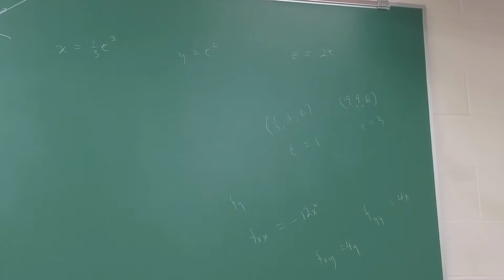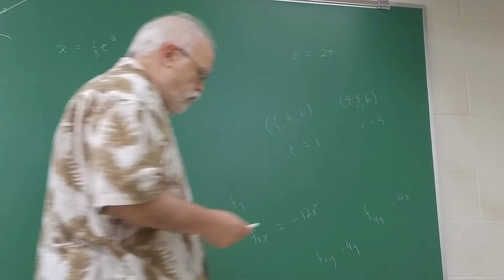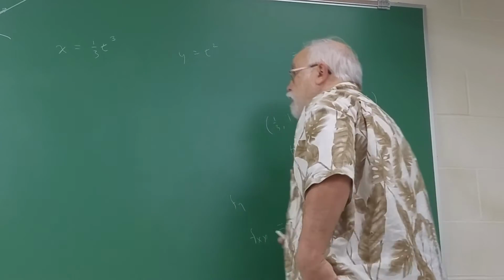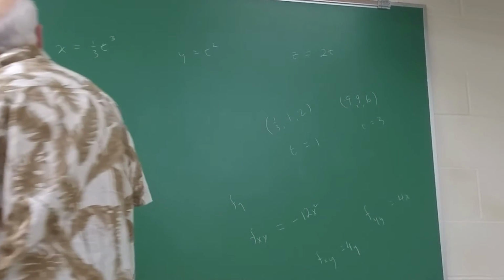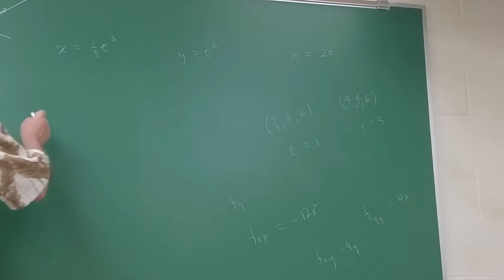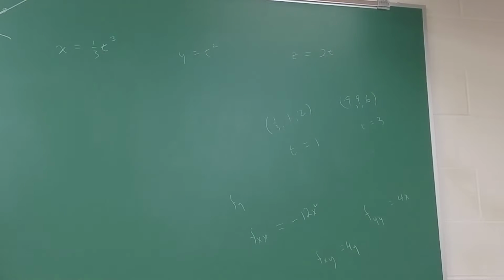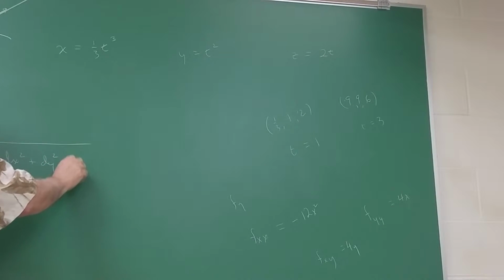So anyway, there are 2 ways to do arc length. You can either use vectors or not use vectors. If you don't use vectors, then you say, all right, the arc length differential is ds equals the square root of dx squared plus dy squared plus dz squared.